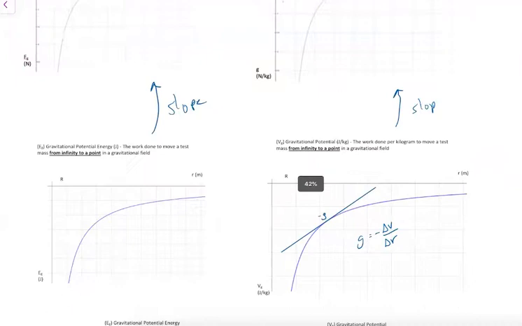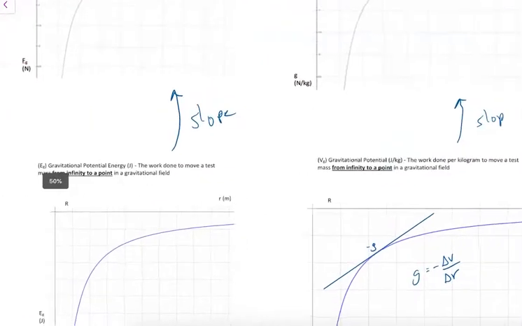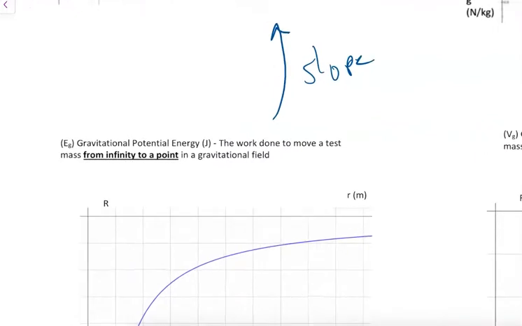So, good. So this definition we're going to look at now and say our gravitational potential energy is the work done to move a test mass or point mass from infinity to a point in a gravitational field. So the change in our definition now is not just the work or the energy that an object has at a position.